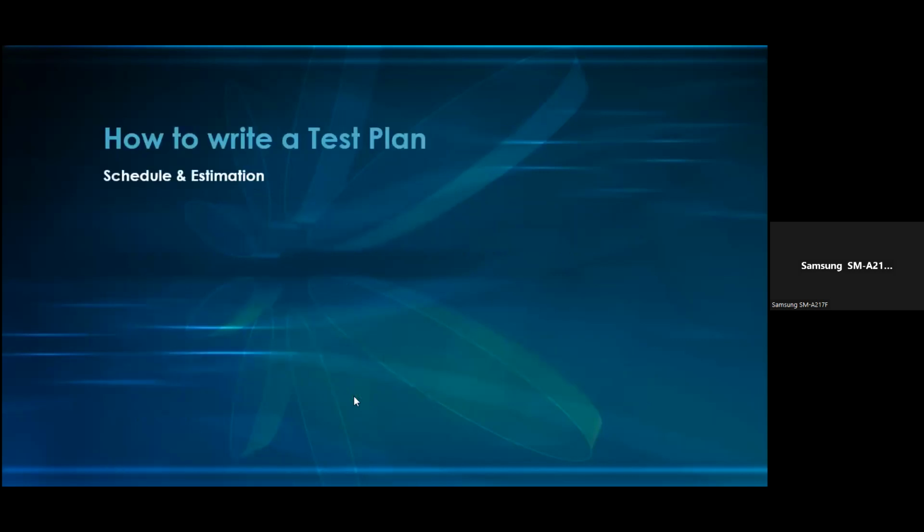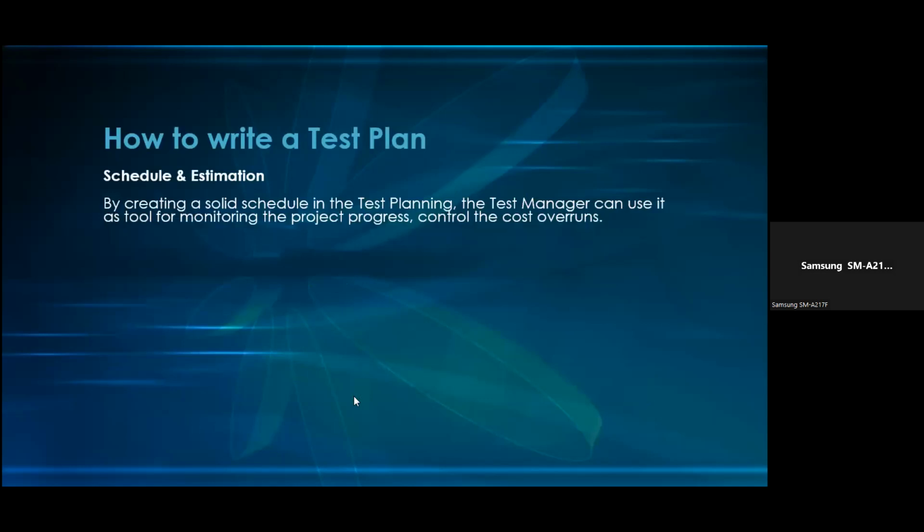Then schedules and estimations. By creating a solid schedule in the test planning, the test manager can use it as a tool for monitoring the project progress and controlling the cost overall. So this is the phase where we need to add what the estimation is, the schedule, we need to know.